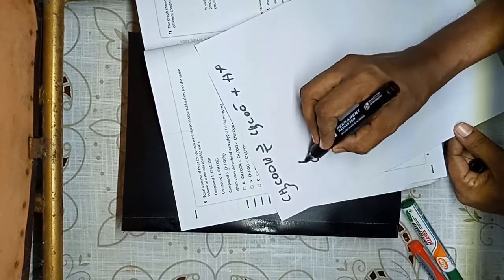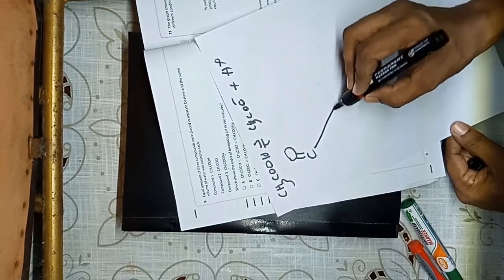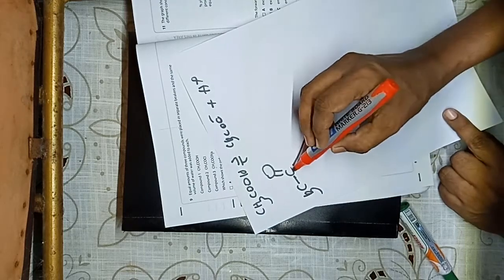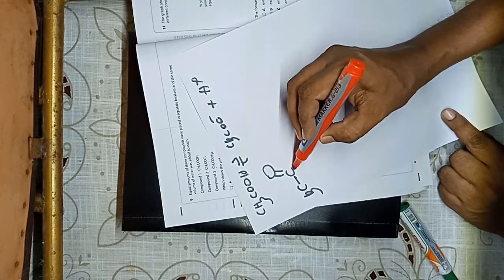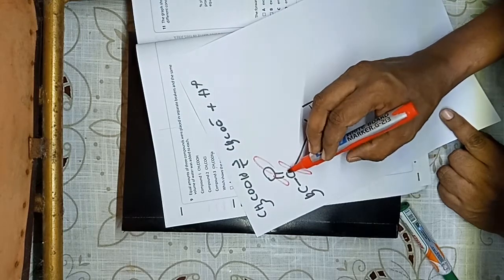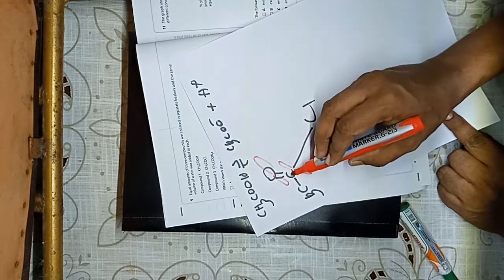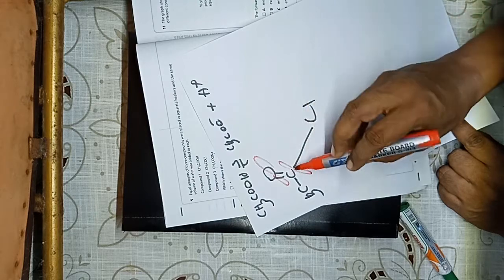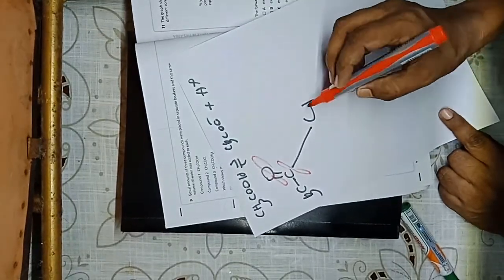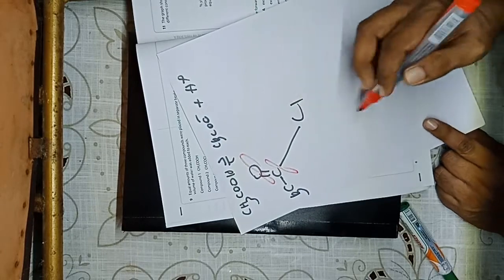Then in ethanoyl chloride there is a longer C-Cl bond. As a result, there may be very poor lateral overlapping between carbon and Cl. Therefore, the C-Cl bond can easily be broken in the presence of a nucleophile.